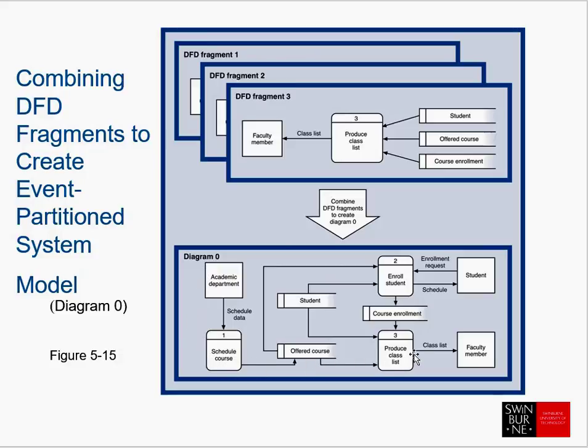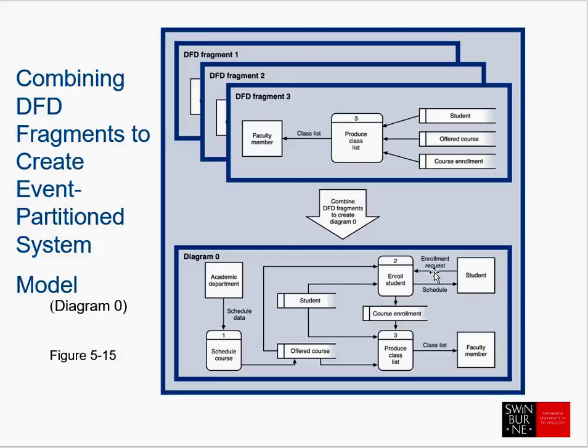So you can see in this diagram 0, it contains all the information that you have listed in these three fragments. So we have three external agents, three processes, and three entities, and it also shows you the data flow movement.